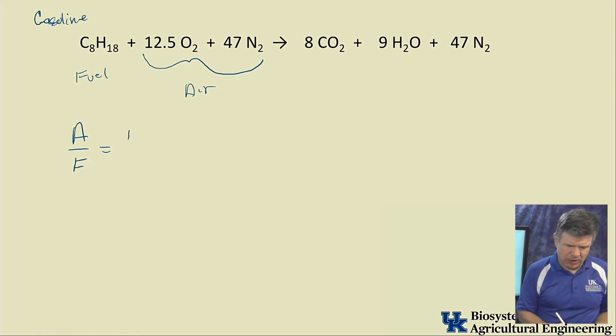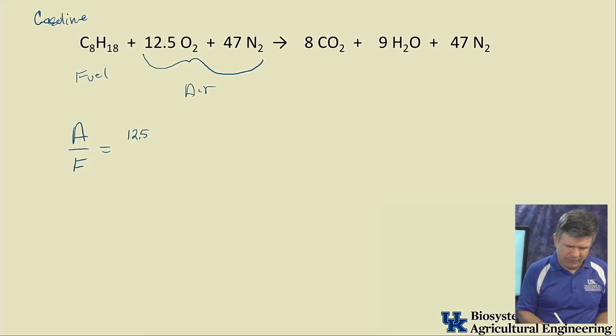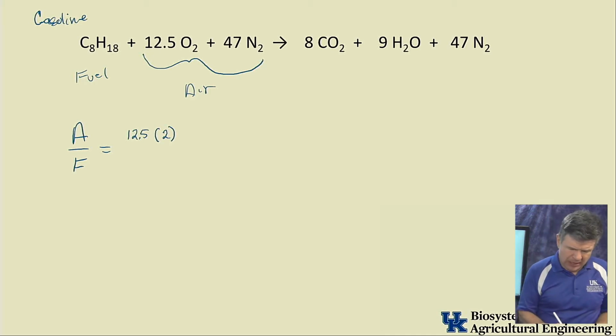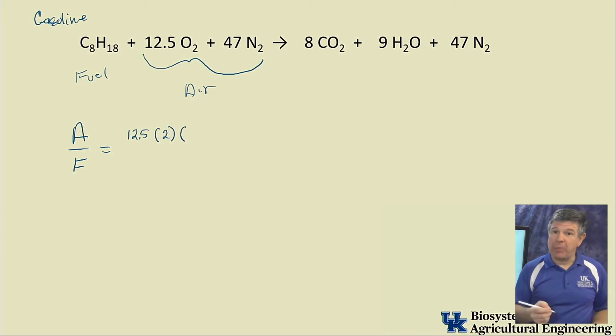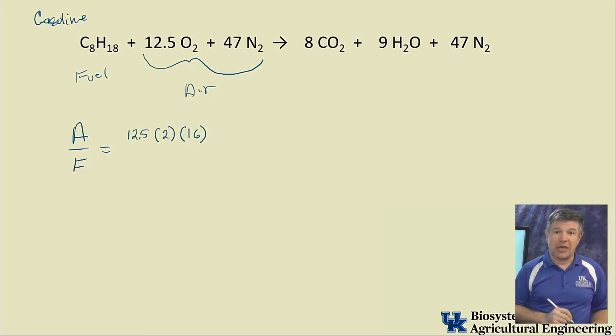I have to take 12.5, that's the number of molecules that I have. I have to multiply that by 2 because there's 2 atoms in each molecule, and then I multiply that by its atomic weight. What's the atomic weight of oxygen? If you look back in that last slide, it's 16. So 12.5 times 2 times 16, that's what I get out of this oxygen molecule up here.